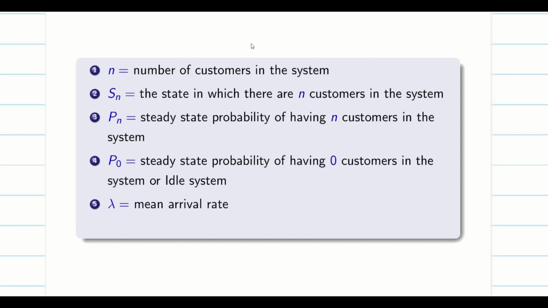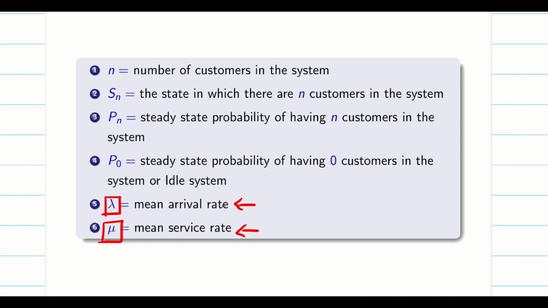And now the arrival rate, as we said earlier, follows a Poisson distribution. So the mean is going to be lambda and the service rate is going to be mu. Very, very important here, we should be careful in the problem. If the mean arrival rate is given, it is called lambda. If the mean service rate is given, we take it as mu.